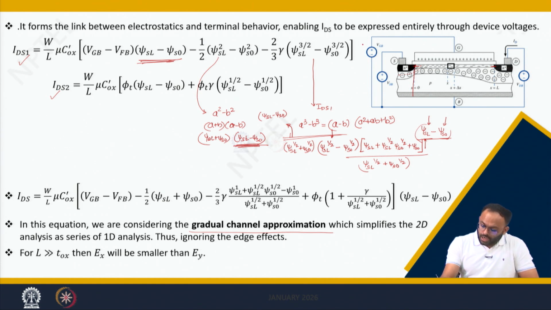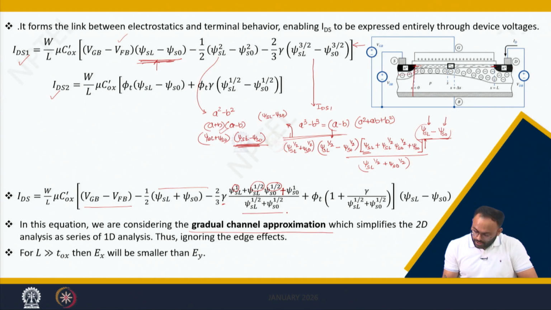So, in the equation of IDS1, if you are taking out psi SL minus psi S0, you will ultimately get VGB minus V flat band voltage minus half of psi SL plus psi S0 as I mentioned here, minus 2 by 3 gamma into psi SL to the power of 1, or you can simply write psi SL plus psi SL to the power 1 by 2 psi S0 to the power 1 by 2, and this will be plus psi S0.